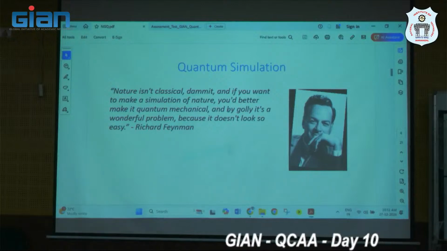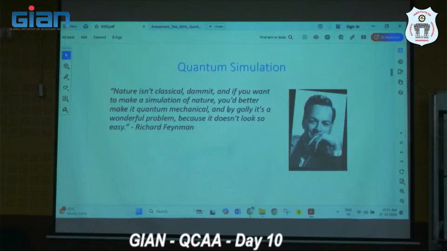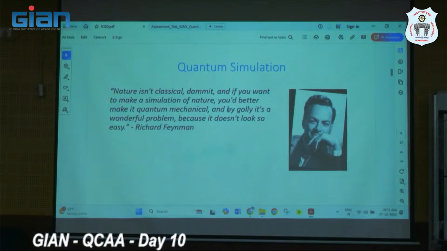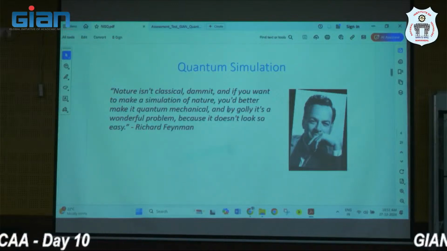So therefore, in order to simulate the evolution of even 100 qubits, we want to do it through a quantum computer, not via a classical computer, correct?